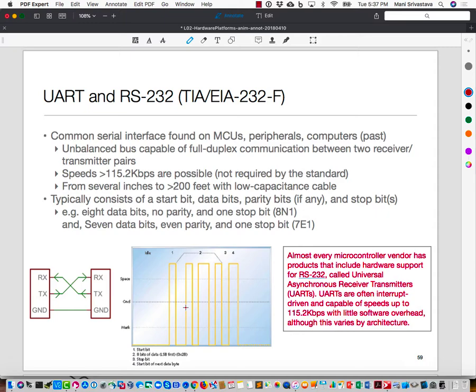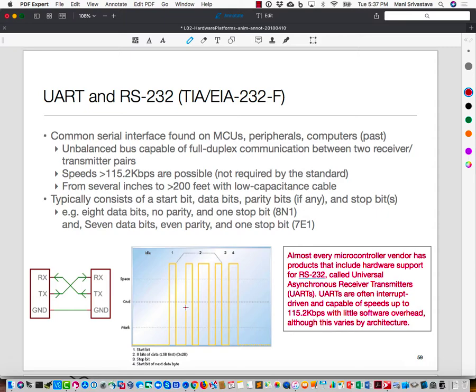It's basically a bus which is capable of full duplex communication between a pair of transmitter and receiver. Okay, so two entities either can send or receive. Speeds greater than 115 kilobits per second.